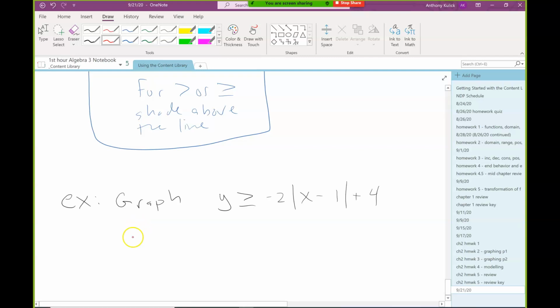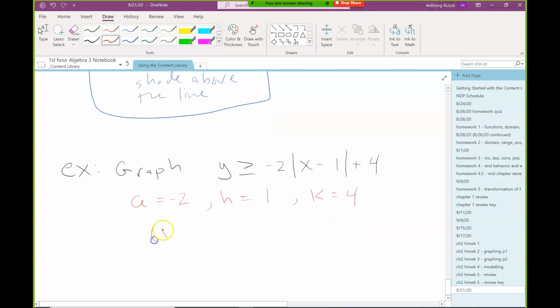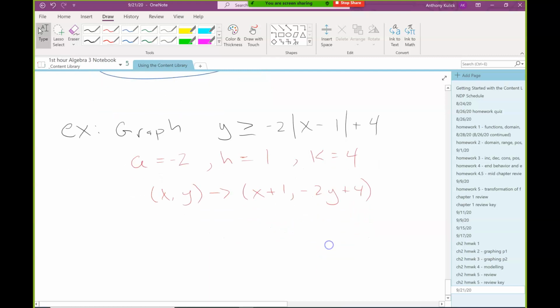Okay, values for A, H, and K. A is -2. H is +1. K is +4. We'll write our transformation map: x plus 1, -2y plus 4.